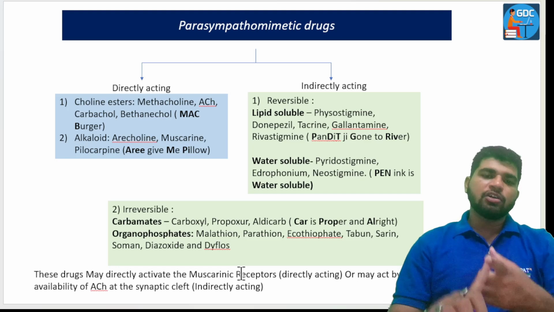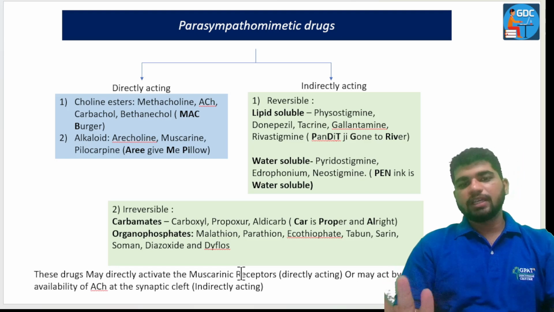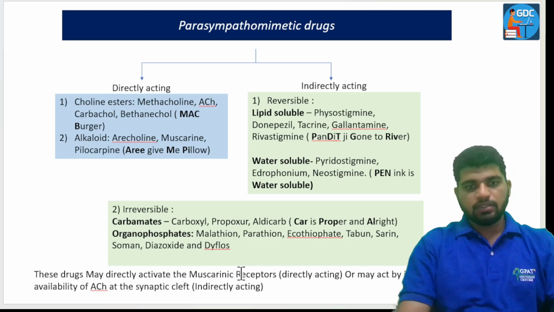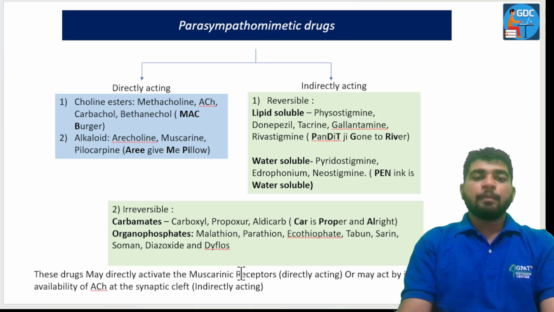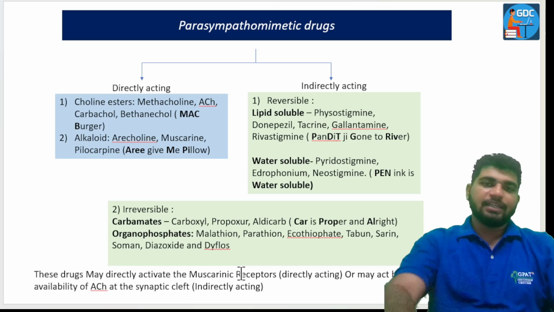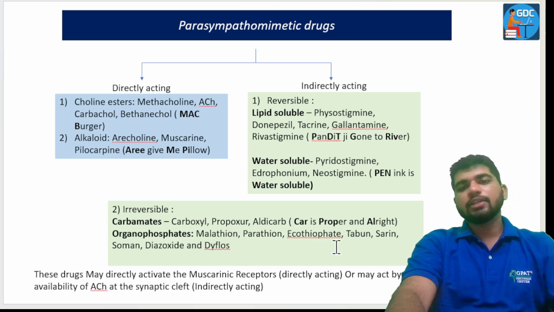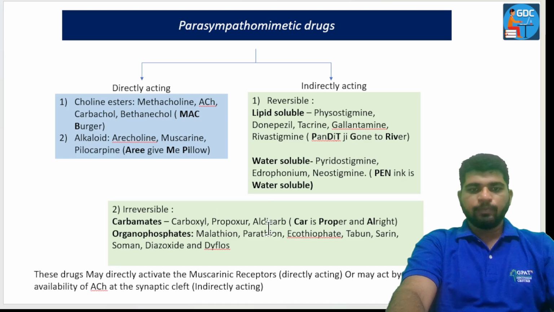Malathion and parathion are particularly insecticides. Tabun, sarin, and soman are nerve gases. But echothiophate is the only drug in this category which has a therapeutic use. Echothiophate is generally used in glaucoma. So these are the tricks through which you can learn this classification.